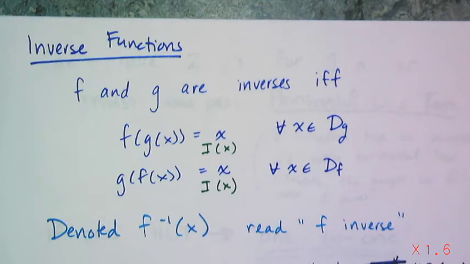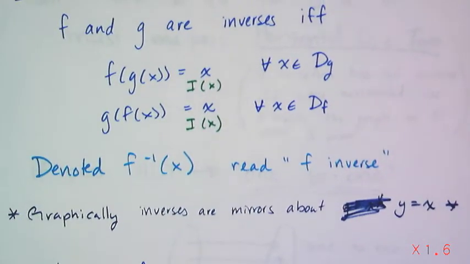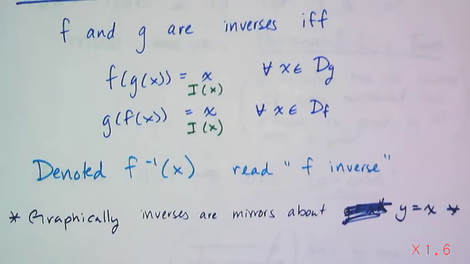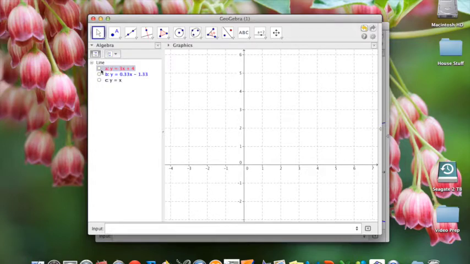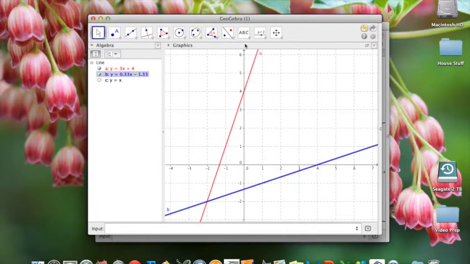Now, graphically, what's special about inverses is that they are mirrors of each other through the line y equals x. And so let's look at that example of f and g that we had earlier using GeoGebra. So I have my function y equals 3x plus 4, and I have its inverse here, and these are the two graphs.